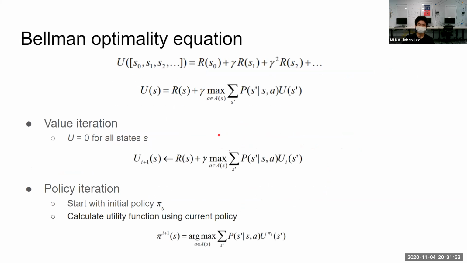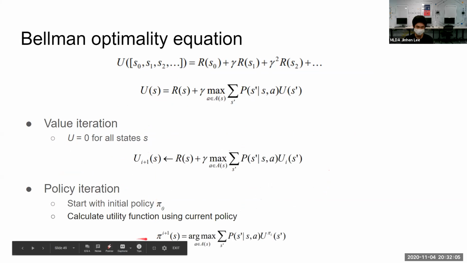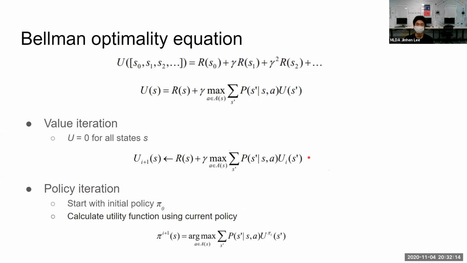You have two ways to solve for this U of S: value iteration or policy iteration. Both are fixed point iterations, but the difference is that in value iteration you solve directly for U, while in policy iteration you solve for pi. For value iteration, you carry out fixed point iteration with this equation.